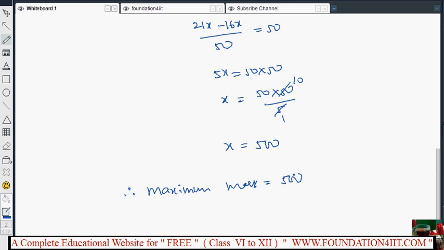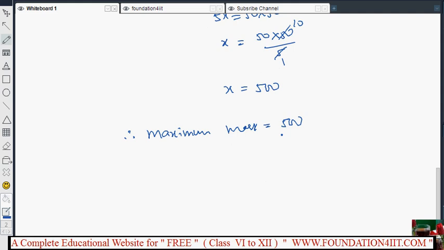So pass marks we'll find out now. In both cases, case 1, case 2, you can take anything. Therefore pass mark is equal to, so equation 1 if you observe, 32% of maximum mark 500 plus 20, because case 1, case 2, you can take anything.